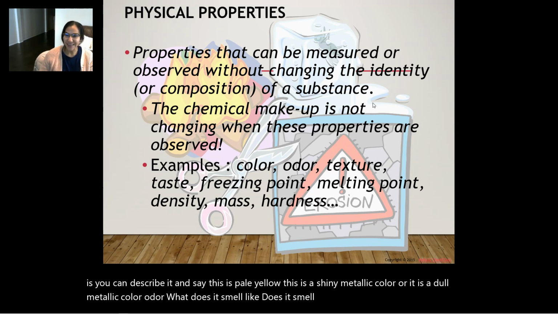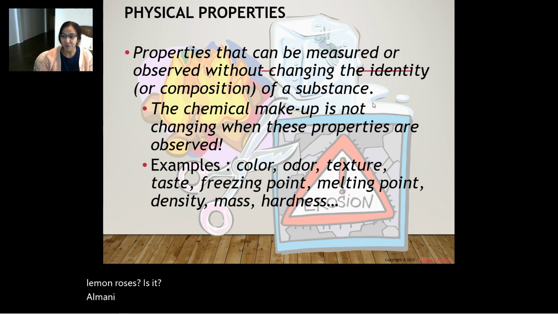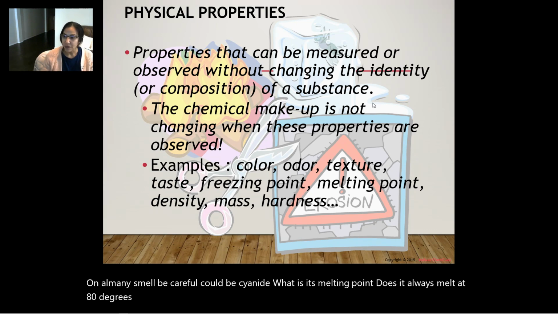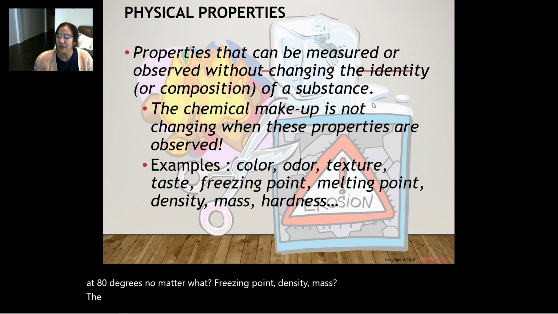Does it smell like lemon? Roses, is it an almondy smell? Be careful, could be cyanide. What is its melting point? Does it always melt at 80 degrees no matter what? Freezing point, density, mass, the hardness of something. Okay, so these are all examples of physical properties.